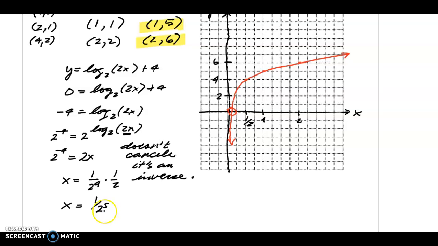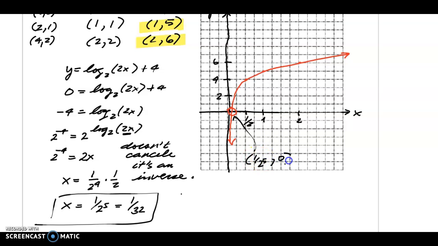Yep, 16. And so this is going to be equal to 1 over 32, I think. Just check that, see if my arithmetic is right. So you know this point here has got to be 1 over 32. Or you can just leave it as 1 over 2 to the 5, and 0. There you go. Done. So that's your x-intercept.